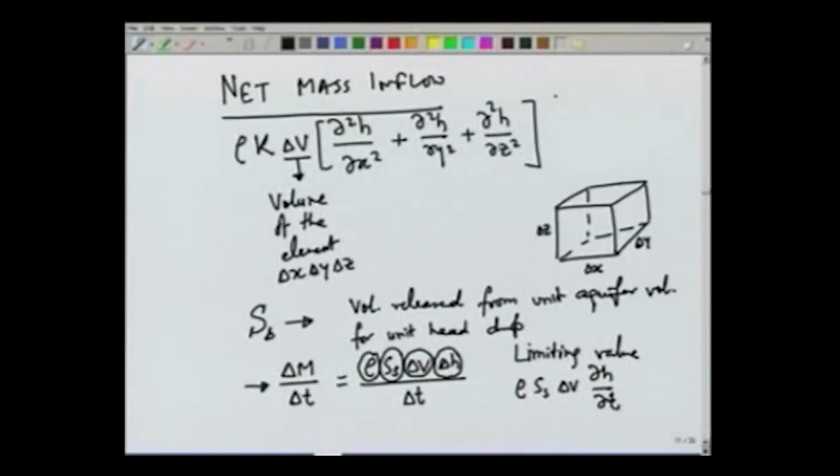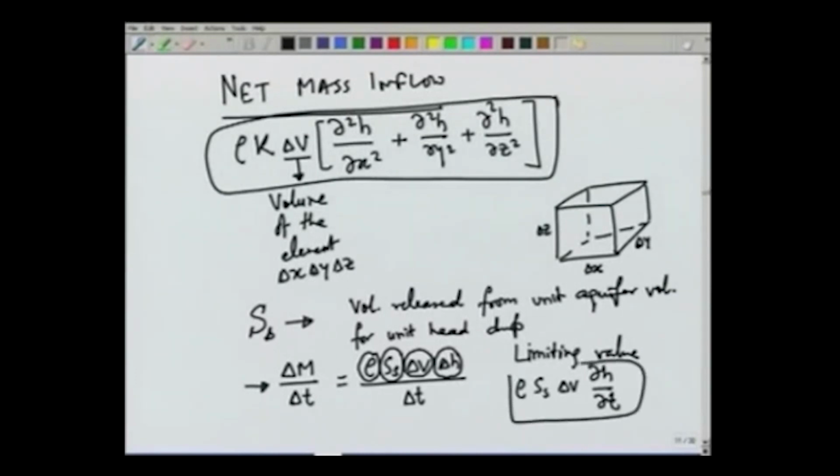So, when we equate net mass inflow, which is given by this expression, with change of mass within the control volume, so these two terms should be equal, and therefore, delta V will cancel out.